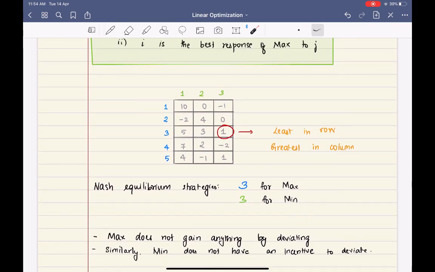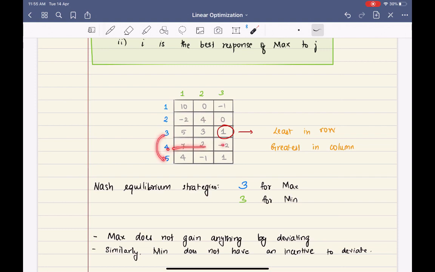So intuitively, max has no gain by deviating. If max knows that min is going to play 3, then there is no incentive to deviate, because if max goes to 2, then his payoff reduces. If max goes to 4, it reduces.